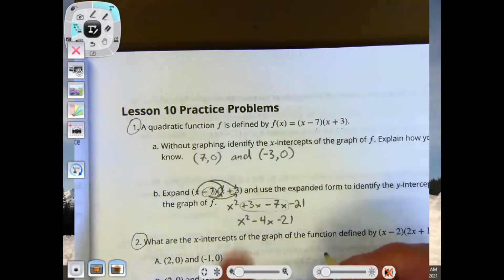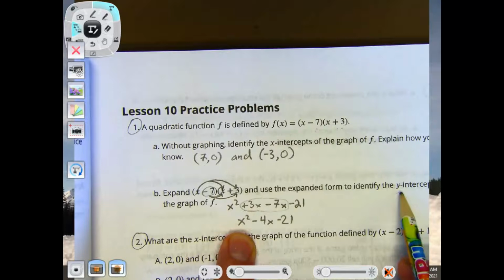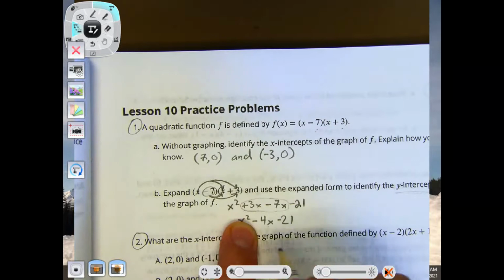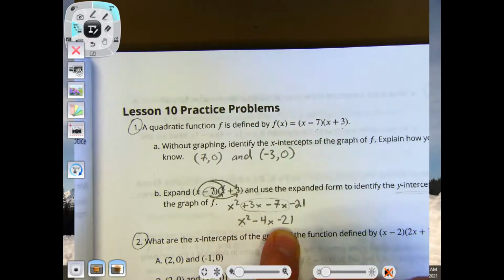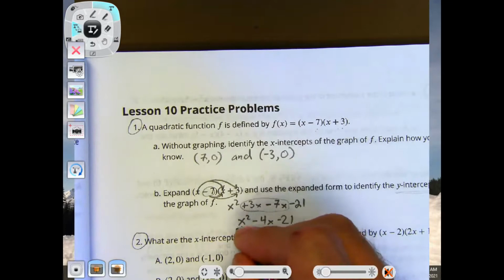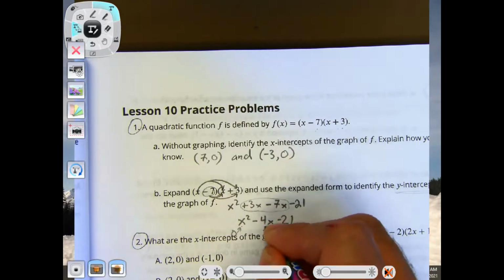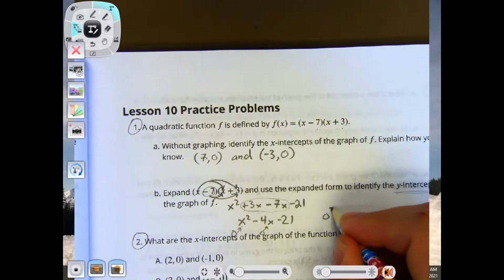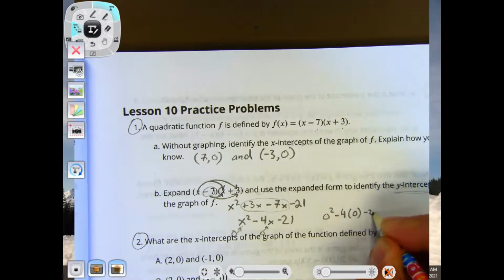Now in order to find the y-intercept of the graph, all I have to do is make these x's zeros. So 0 to the second power is 0. Negative 4 times 0 is 0. And that leaves me with negative 21. So if I put this at 0, and this is 0, I get 0 squared minus 4 times 0 minus 21.